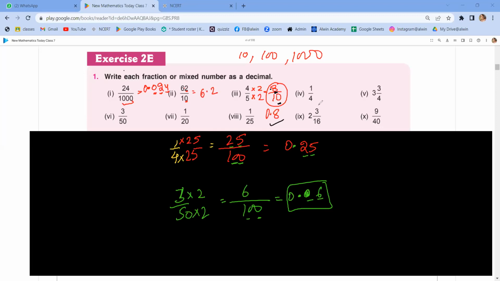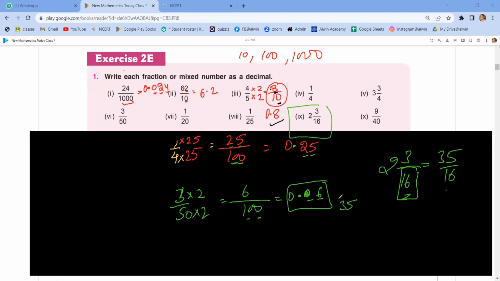But what if the number is 2, 3 by 16, a number where 16 is neither a multiple of 10, 100 nor 1000, they are not multiples of 16. So in this case, 16 times 2 is 32, 32 plus 3 is 35 by 16, which is a fraction that cannot be changed into a decimal fraction.